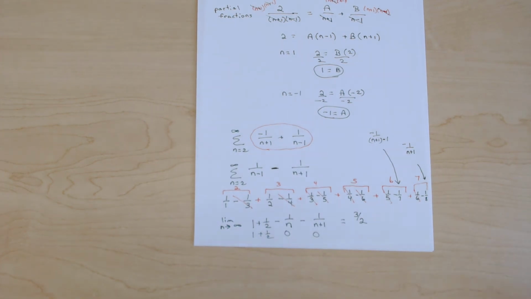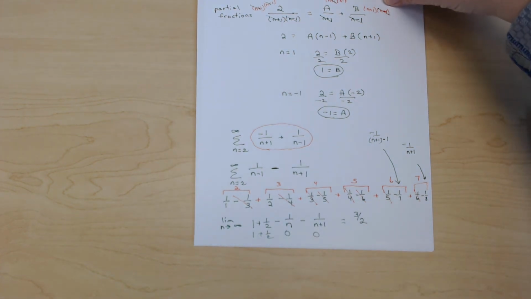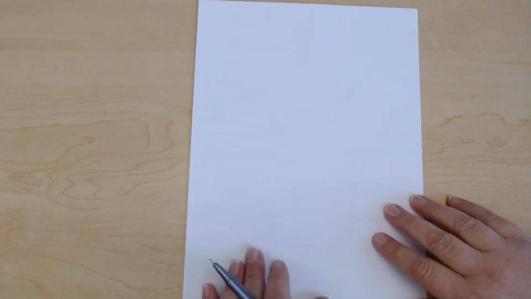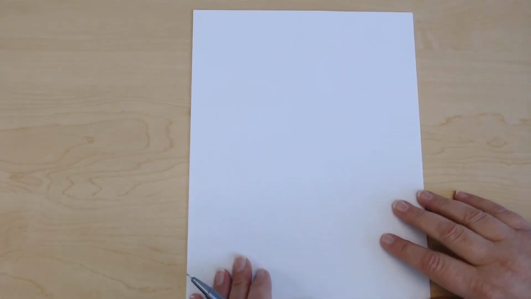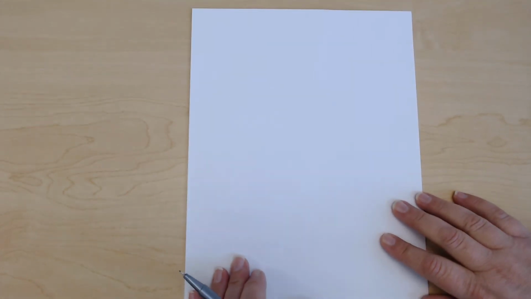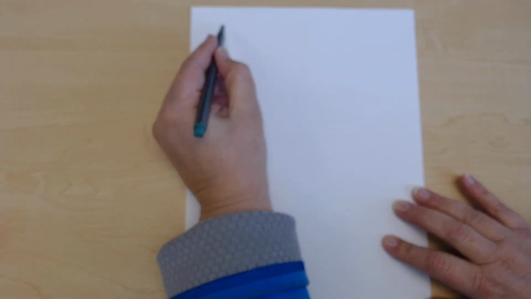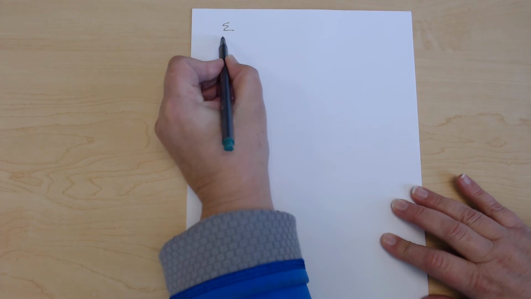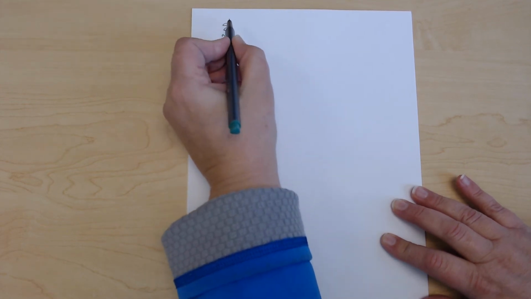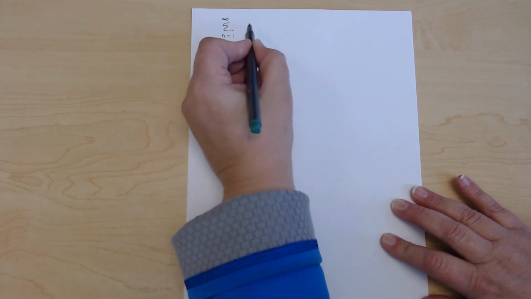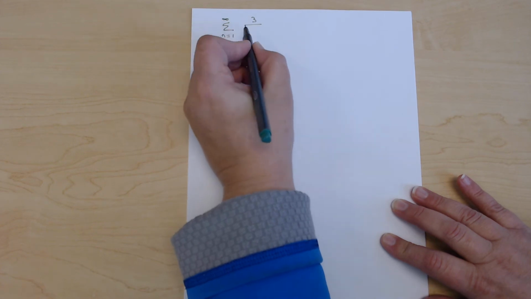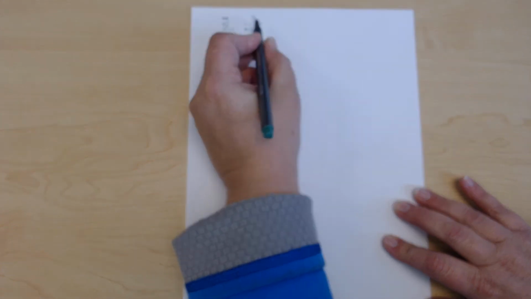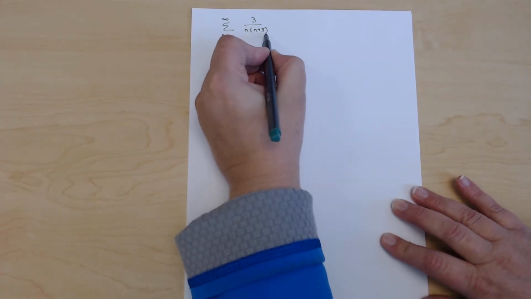Okay, let's try another one. Let's bring this back down. Let's do the summation. This one's going to start at 1, from 1 to infinity, of 3 over n times n plus 3.